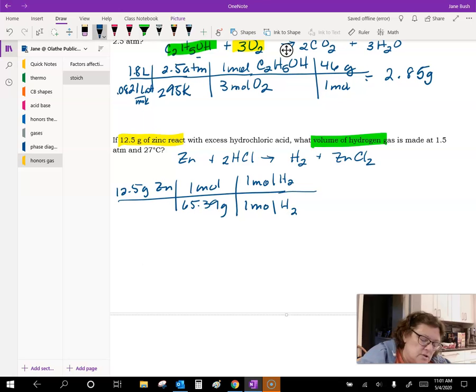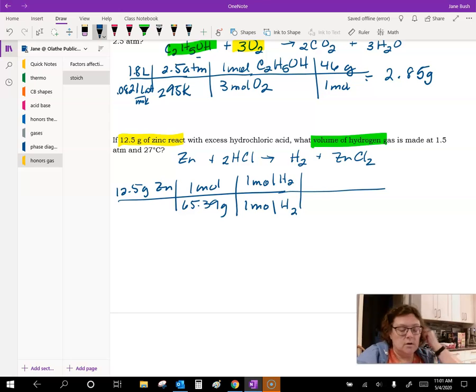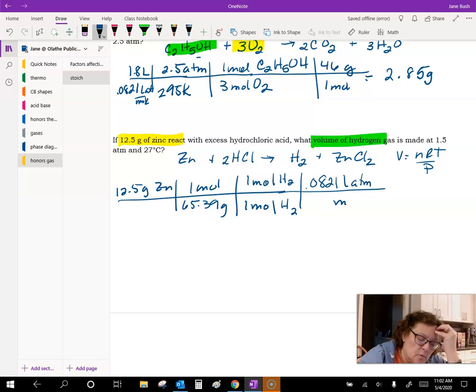So now we have to change to volume. We can't use 22.4 because it's not STP. So we know moles. We need to find volume. Volume is equal to nRT divided by P. This already calculates moles for us. 0.0821 liter atmospheres over mole Kelvin. R times T, 27 plus 273 is 300.